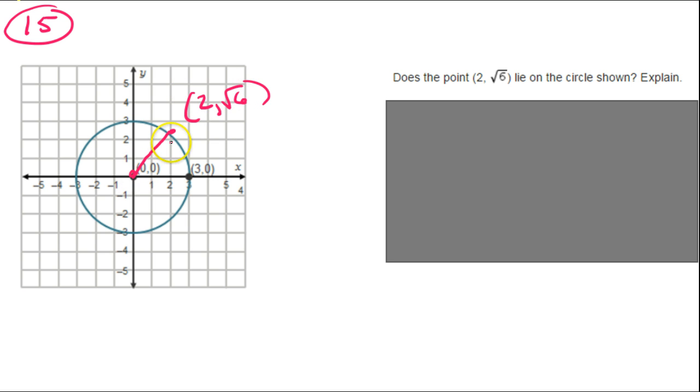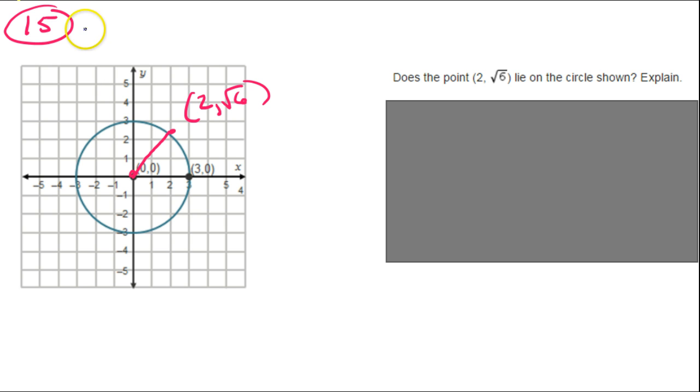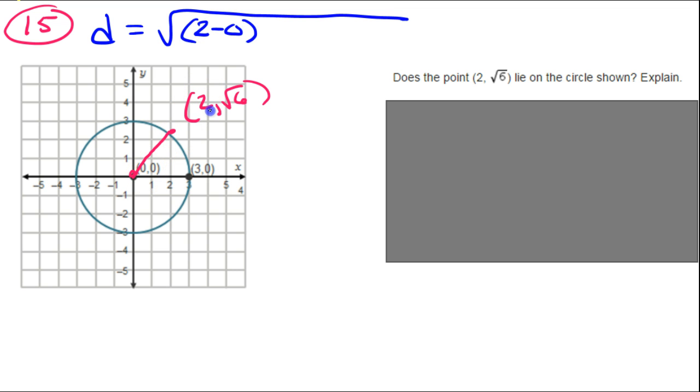Because that distance should be 3 because of the radius. If that distance is not 3, then I know that point is not on the circle. So let's do the distance formula. The distance between those 2 points should be the square root, and we do x minus x. So I'm going to do 2 minus 0, squared.